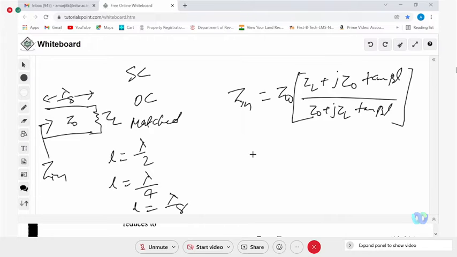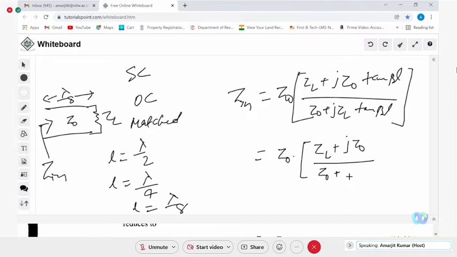It will be Z0 into ZL plus j Z0 divided by Z0 plus j ZL.